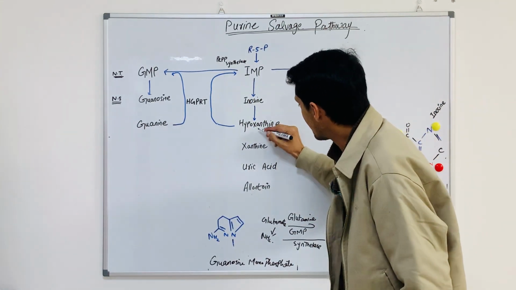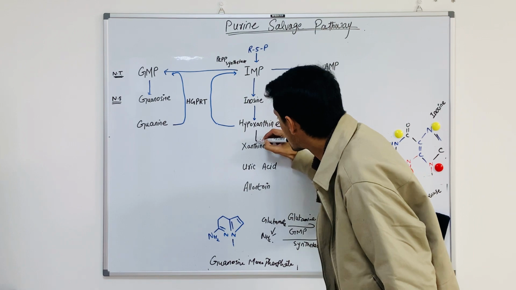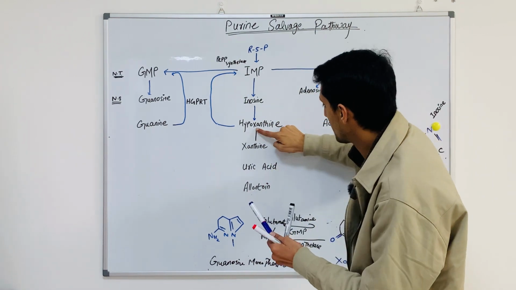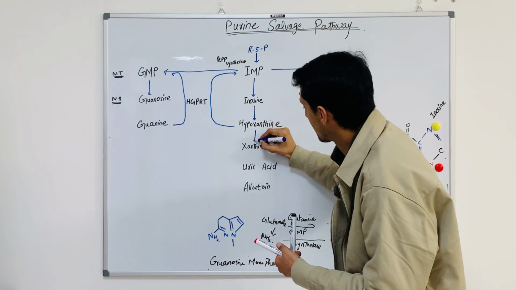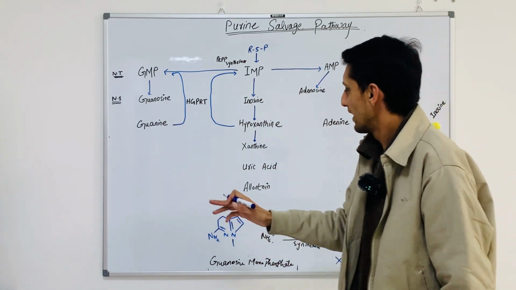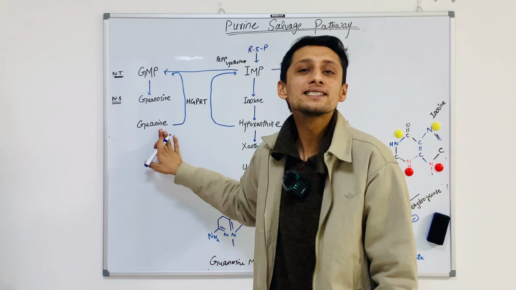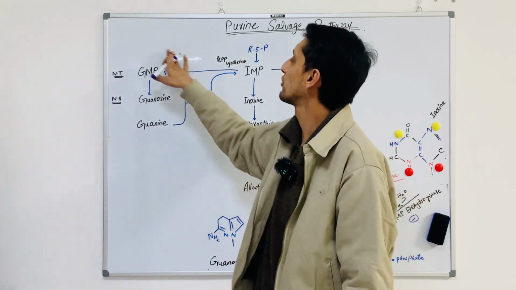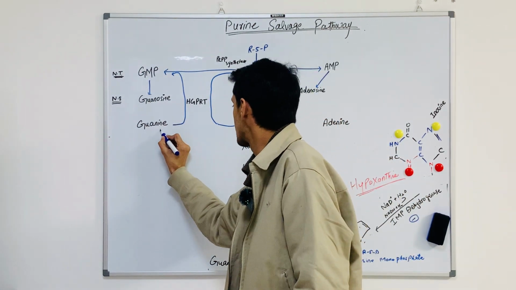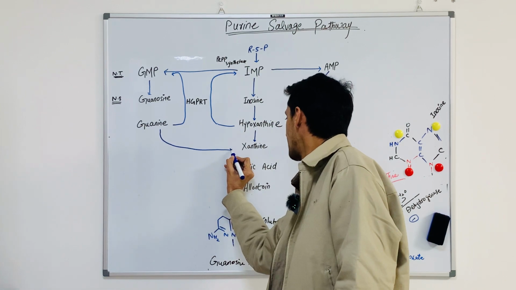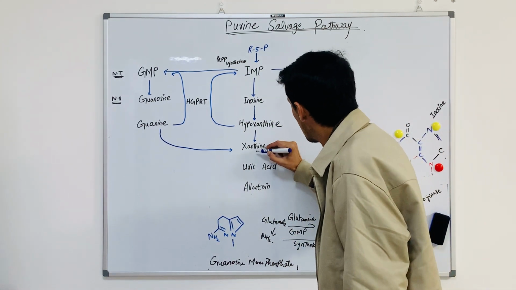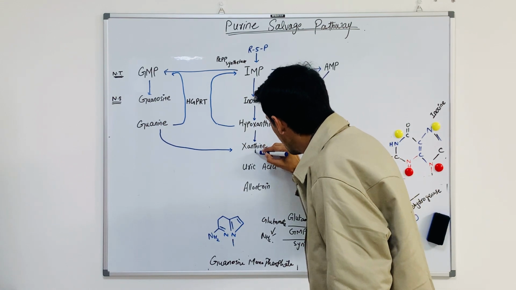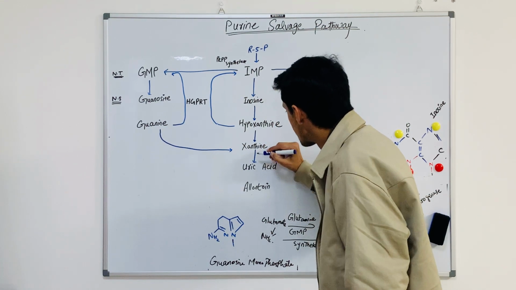Now, the hypoxanthine is further degraded into xanthine. Let me use a blue marker here. Hypoxanthine converts into xanthine. Now, if guanine is not converting into guanosine monophosphate, it will also get converted into xanthine, right? From xanthine, further degradation will occur into uric acid.